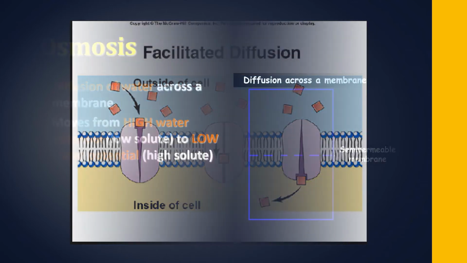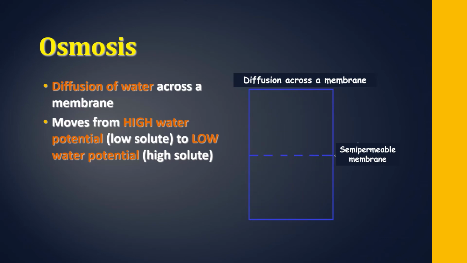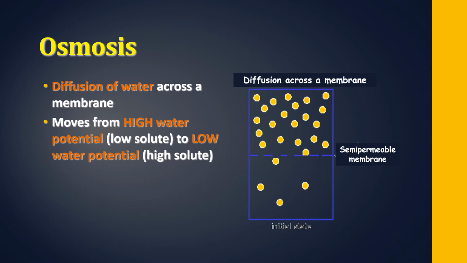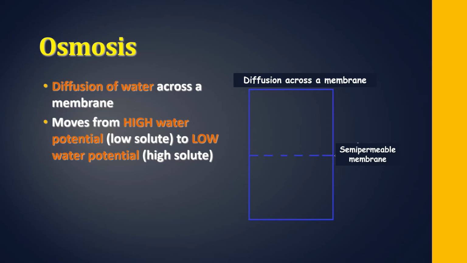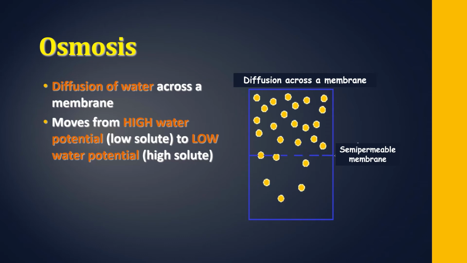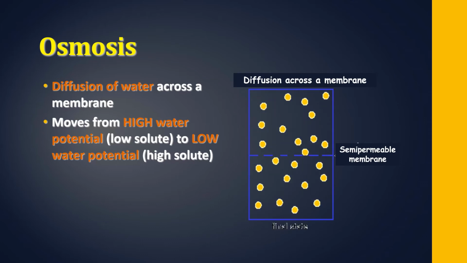Another thing that you need to remember when you speak of diffusion is the process of osmosis. Osmosis is the diffusion of water across a membrane. So look very well into the animation, where there is a semi-permeable membrane.